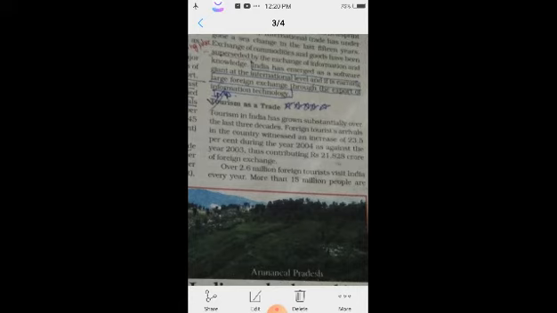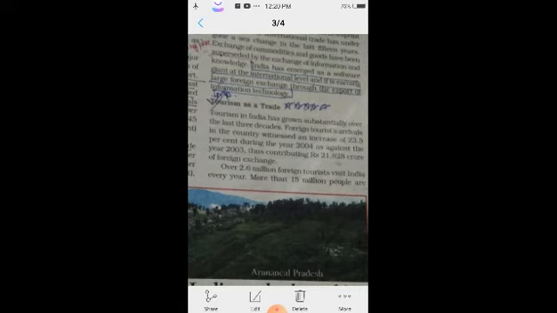Foreign tourist arrivals in the country witnessed an increase of 23.5% during the year 2004 as against the year 2003, thus contributing rupees 21,823 crore of foreign exchange.